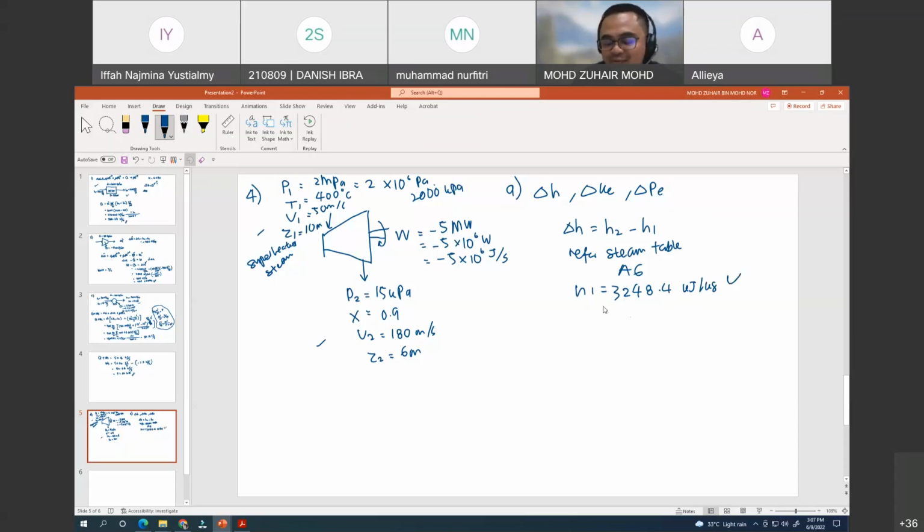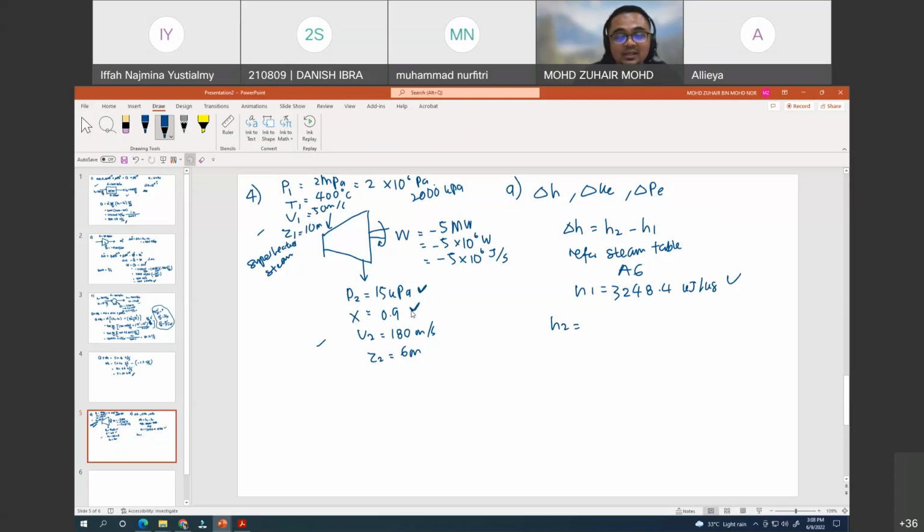So for H2 pula, how can we calculate the enthalpy? Macam mana cara nak dapatkan? Kita ada pressure kat sini, kita tak ada temperature. And then we have the X, which is the quality.